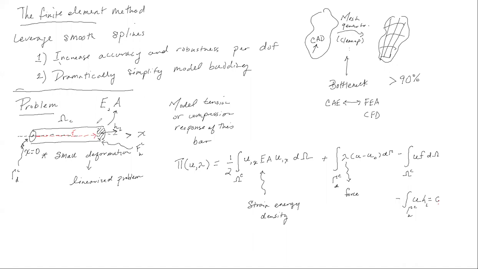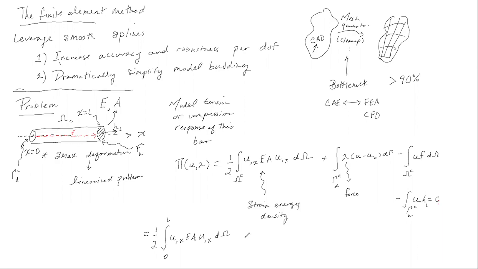And the right end, let's say, is x equal to L for the length. Okay, and let's rewrite these integrals now as 1/2, the body, it goes from 0 to L, u comma x EA u comma x d omega.